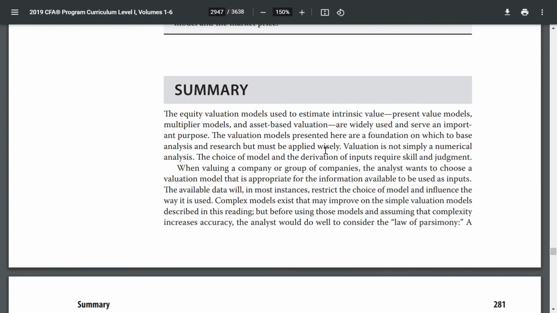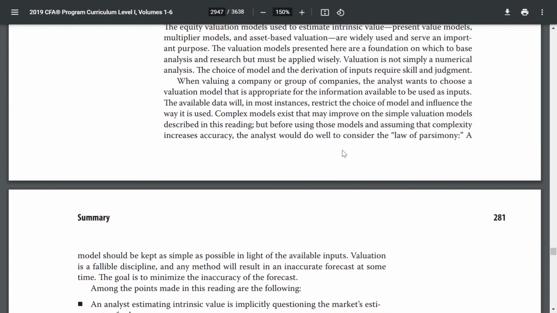When valuing a company or a group of companies, the analyst wants to choose a valuation model that's appropriate for the information available to be used as inputs. The available data will, in most instances, restrict the choice of models and influence the way they are used. Complex models exist that may improve on the simple valuation models described in this reading, but before the use of these models is assumed, the complexity should not be assumed to increase accuracy.